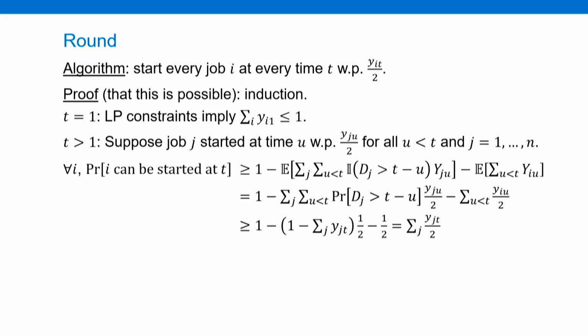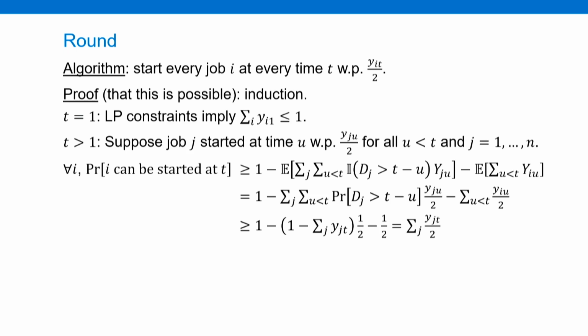And here I'm just applying the LP constraints. Another check when you're doing this is that you have to be using all the LP constraints. If you're not, then something is wrong. So this is basically just the probability of me starting something before time t and having it still be running at time t.